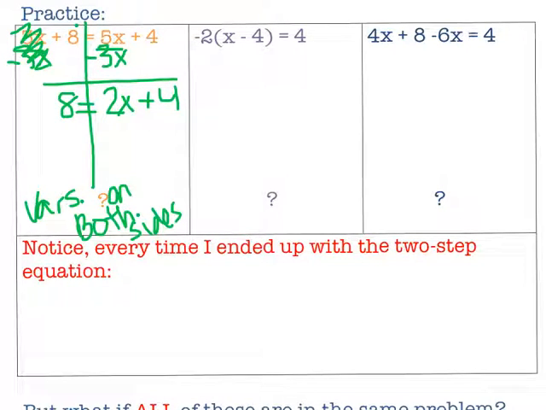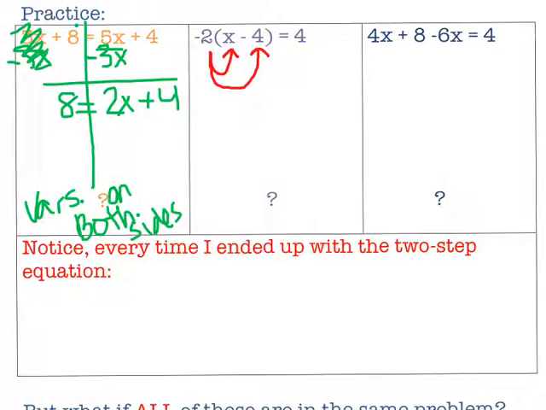In the second example, this is a distributive property question. I have a number outside the parentheses. I have two numbers inside the parentheses. I'm going to distribute this negative 2 to the x and also to the negative 4. Now, I made this one tricky on purpose because with distributive property, there's two tough things. There's remembering to multiply the number outside the parentheses by the second number inside. So in that case, I'm talking about the negative 2 and the negative 4.